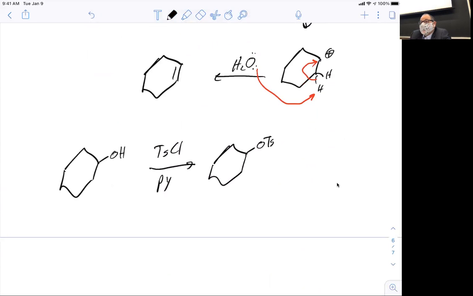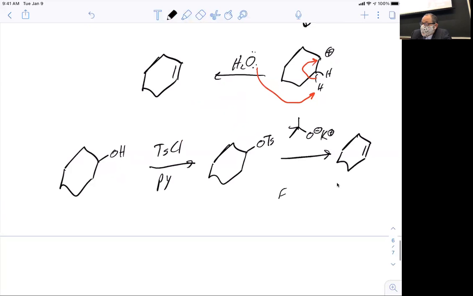So make that a good leaving group, right, and then add a good, non-nucleophilic base. Well, we can use the potassium base to give us a double bond, right? Difference here is that this mechanism would be E2, versus the first one, which is going to be an E1.